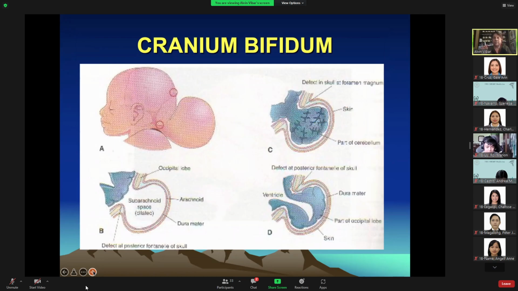Are we clear? Very good. You're going to learn more when you go to neuroanatomy. If you have compression of the cerebellum, you're going to have neurological manifestations.